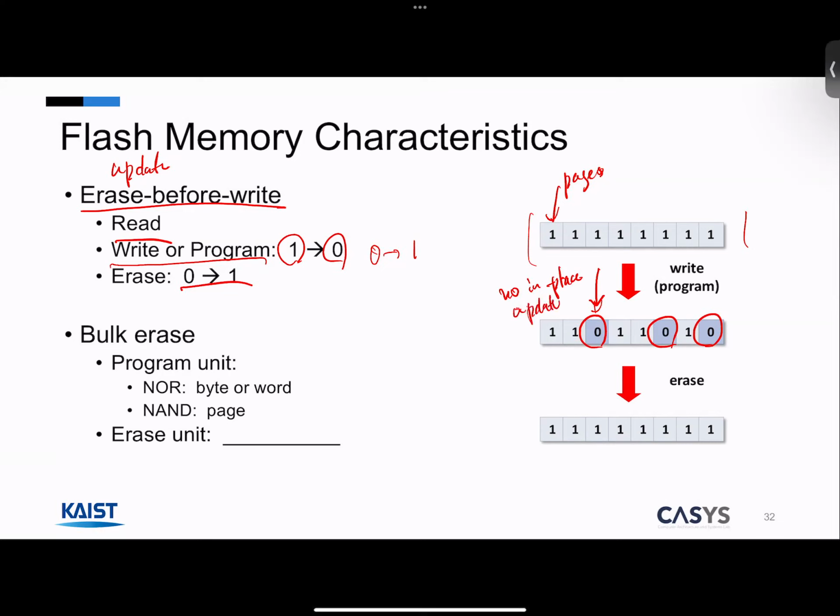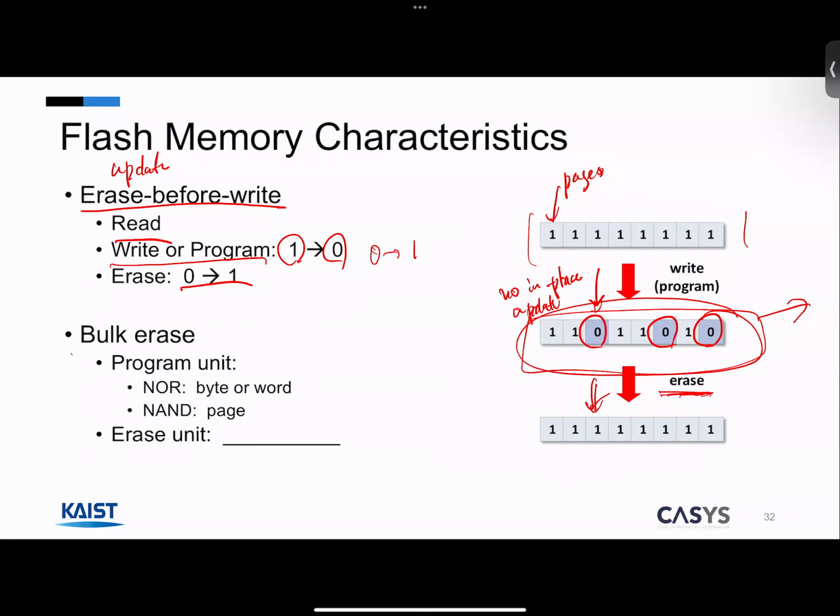To support that, one way is to erase the entire block and write the block again. If this block has to be used for writing data, it is erased first, and you can program it later.